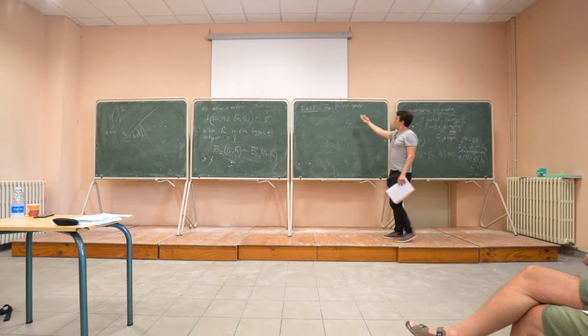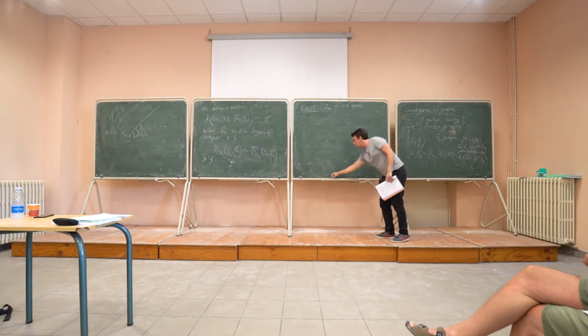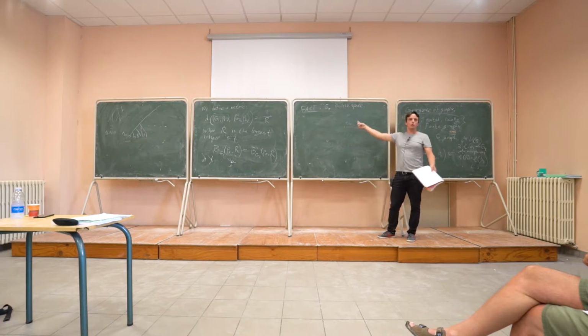Okay, so now that we have a Polish space, and all of these spaces, no matter what you have, are going to be Polish, it's okay to talk about convergence in distribution.